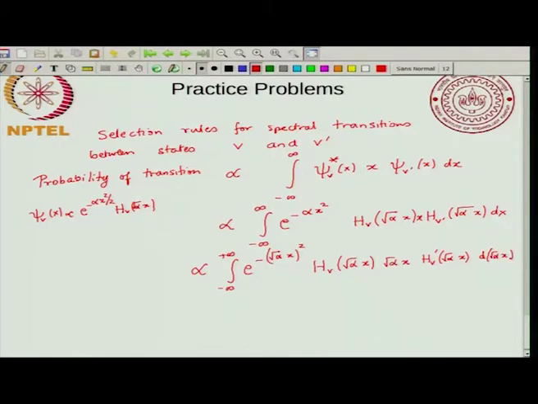The 1 by alpha I will absorb into the constant.